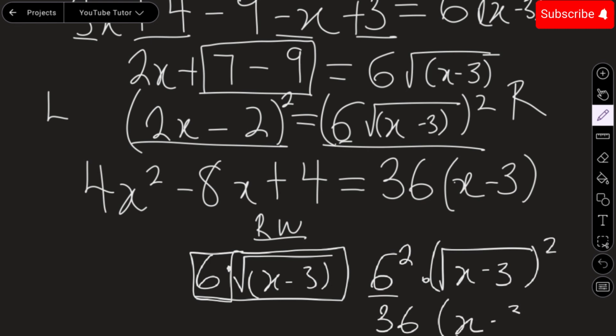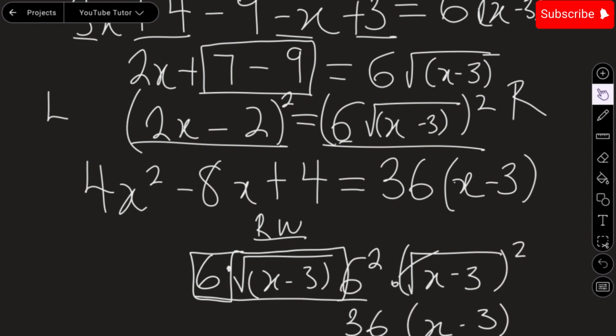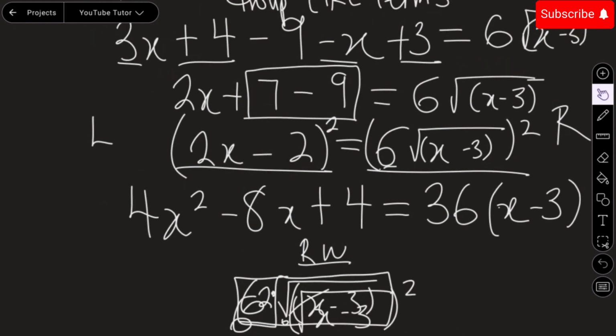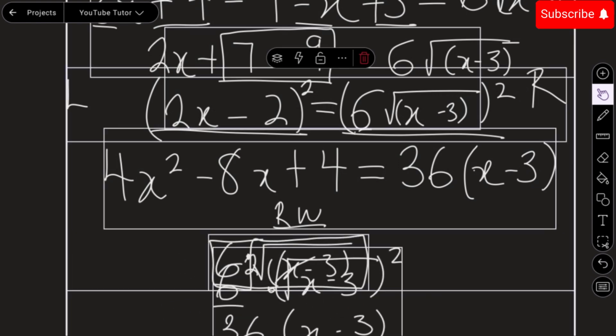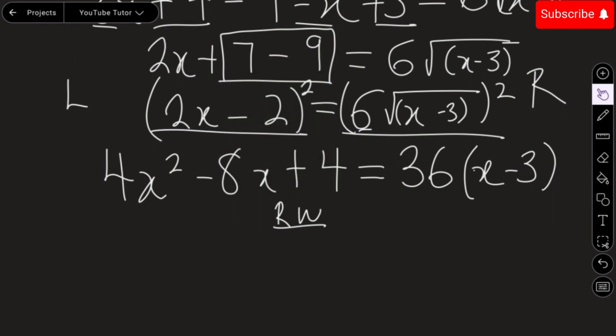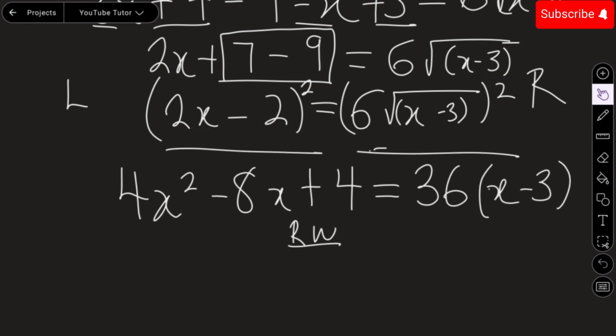Root of x minus 3 squared gives us x minus 3 because the square cancels the root. So that is how we got that. So if you are wondering, let me try to ungroup this so I can eliminate it.